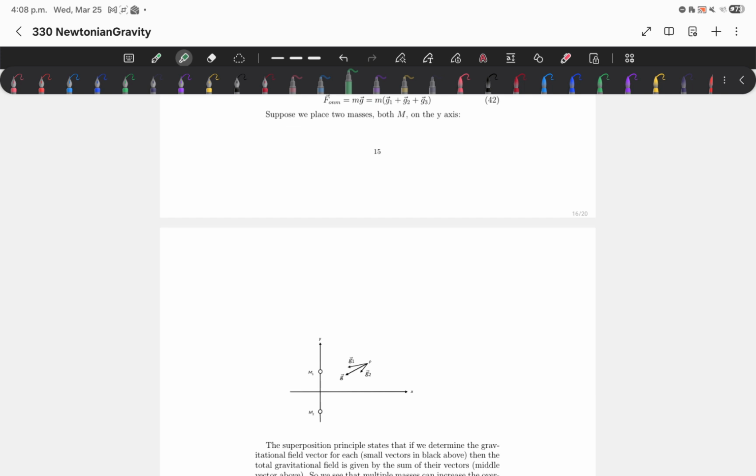This total G vector is the one that dictates what the force will be. So the force on an object we place here at point P will be Fg. And if we had three masses, for example, the force would just be: we add up all their fields to get the total field, and that's what dictates the force on the object, okay? So this is identical to what we did with electrostatics. Bunch of masses, the total gravitational field is the superposition of all of them.